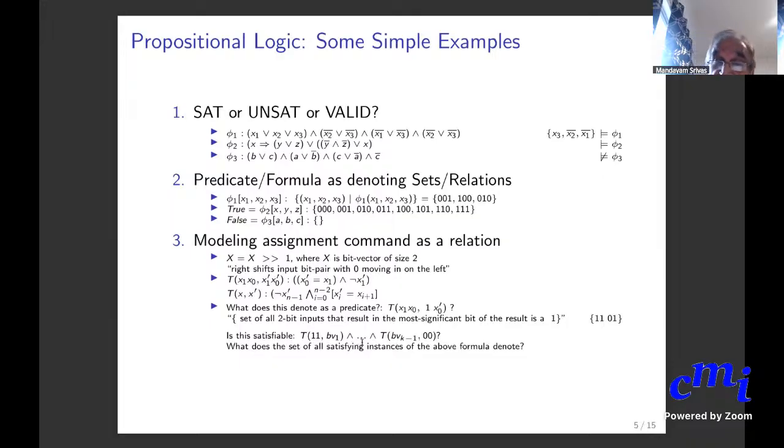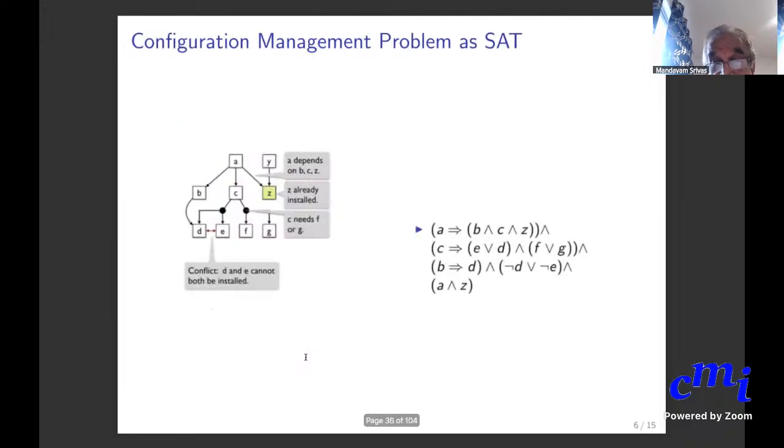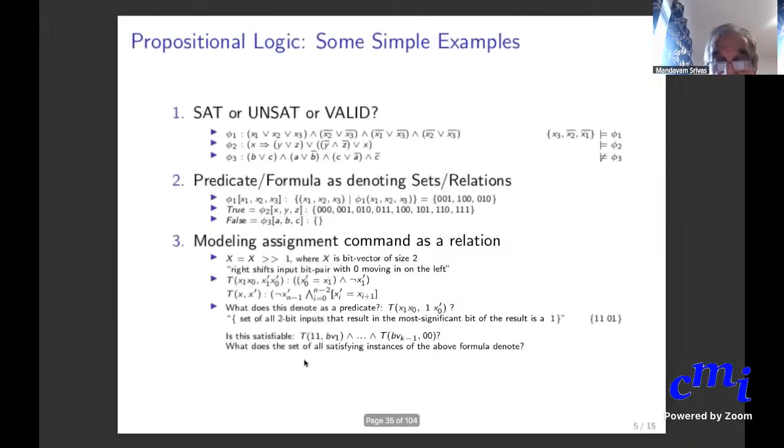Suppose the assignment statement here was inside a loop, and you were executing it multiple times. Then having two instances of T, where the output is fed to the next, is executing it twice. That is the effect of right shifting or left shifting twice.